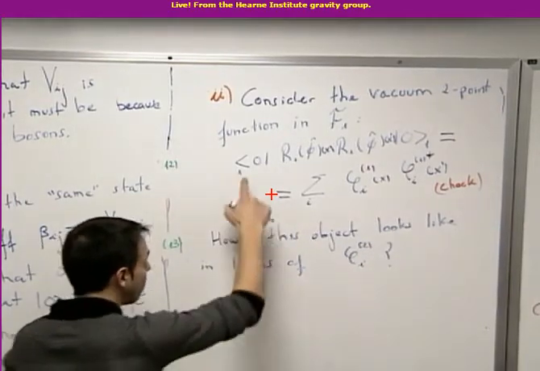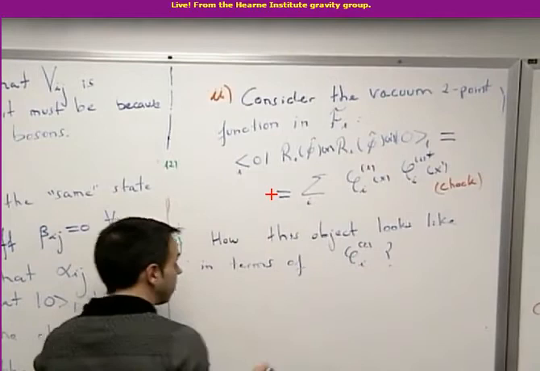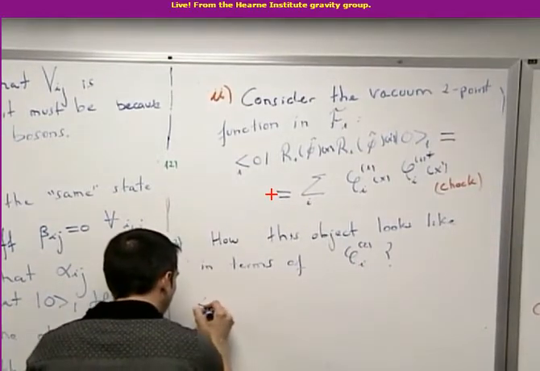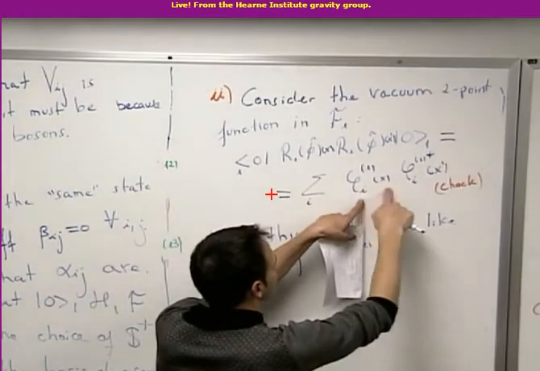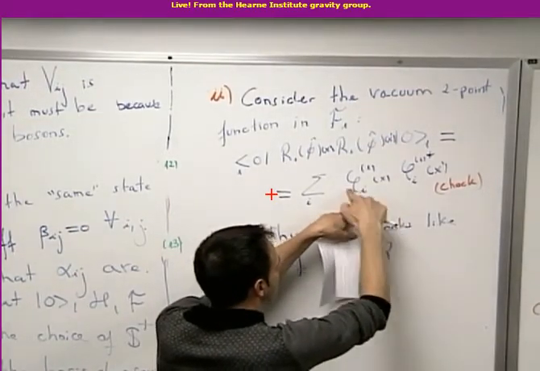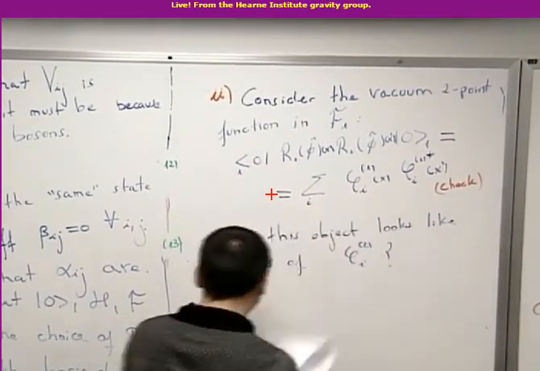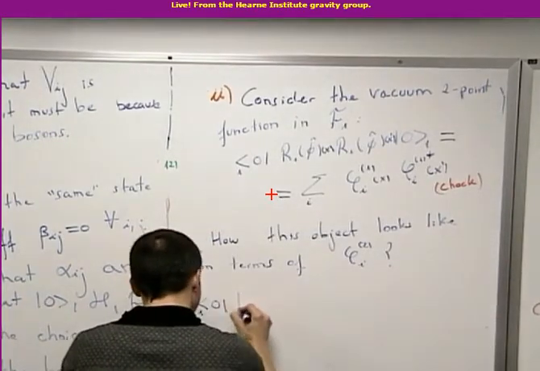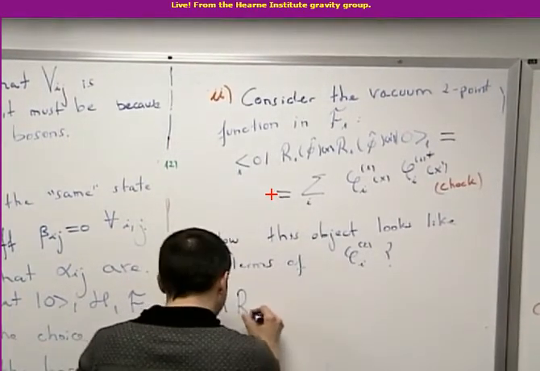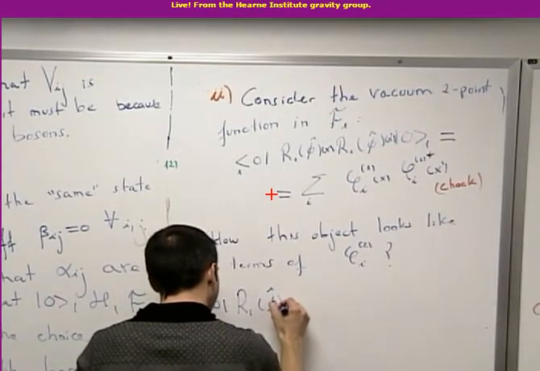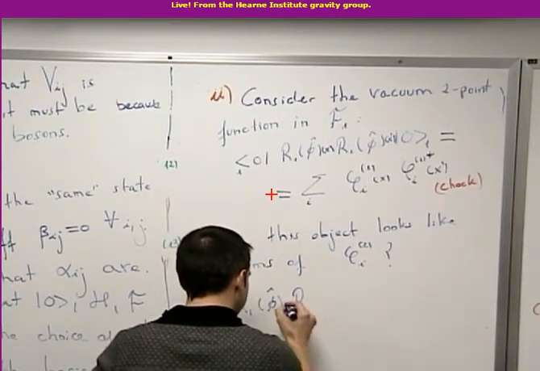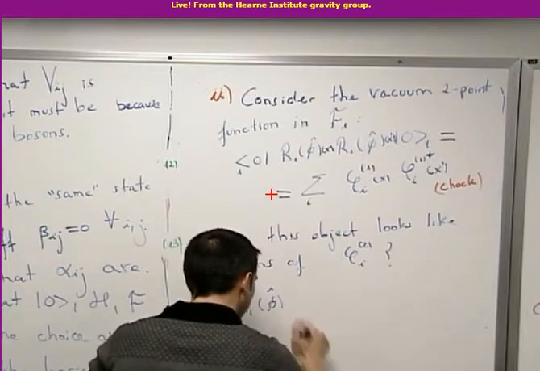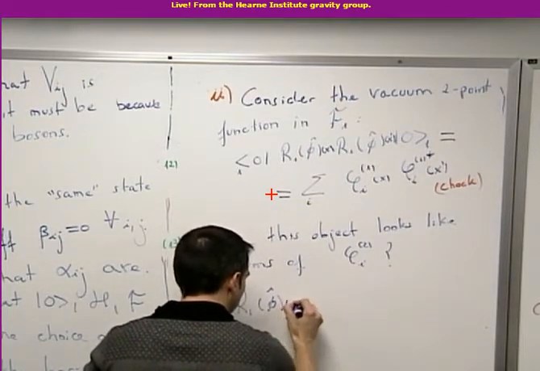Still, I want to compute this two-point function, but in the other basis. The solution is trivial. All we have to do is make a Bogoliubov transformation for this and manipulate it. That's all. So it's almost trivial, but the solution is interesting.